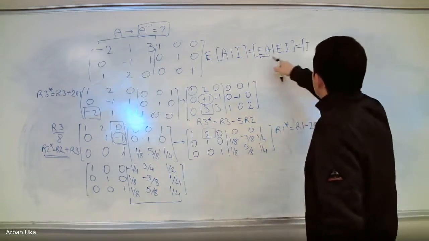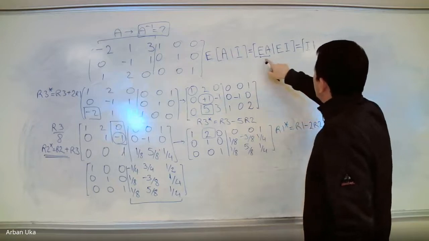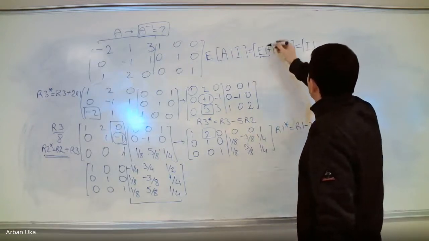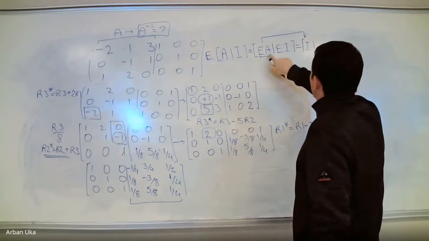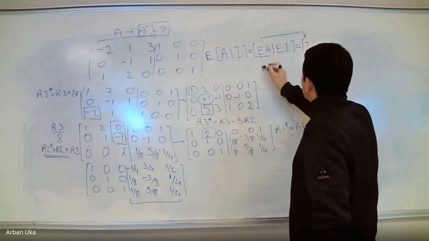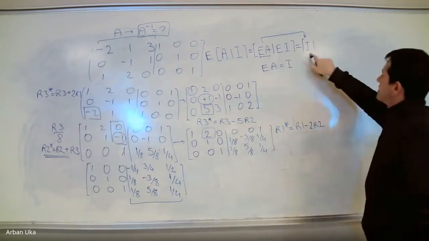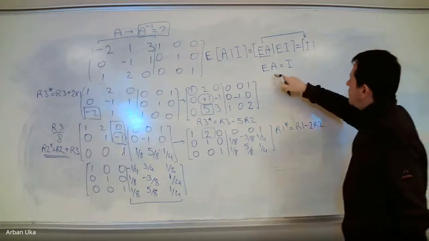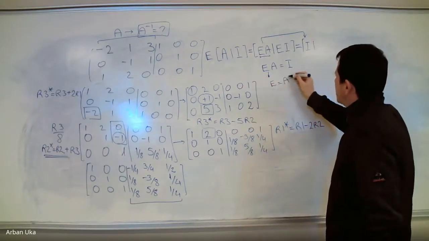But this is the identity matrix, and here we ask the question, how is it possible that E times A is equal to I? So it looks like E times A is equal to I. Would you agree that this is the case? Yes, because that's what we got. So apparently, this E is equal to the inverse of A, right?